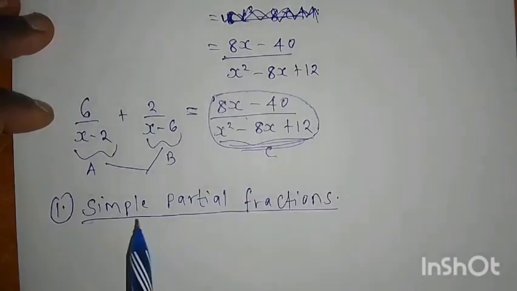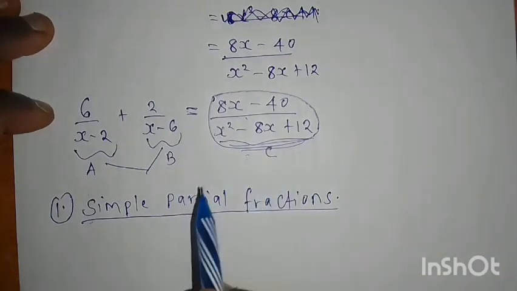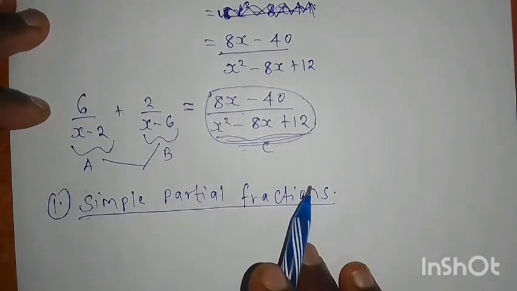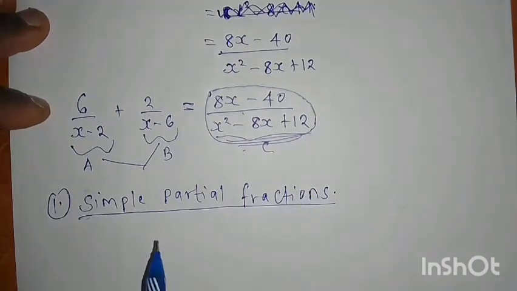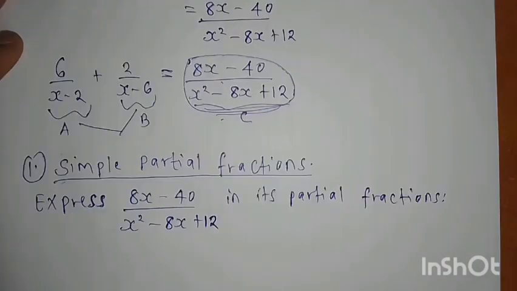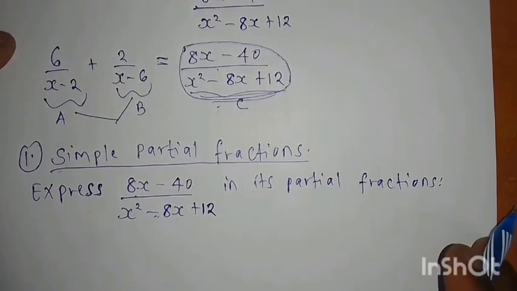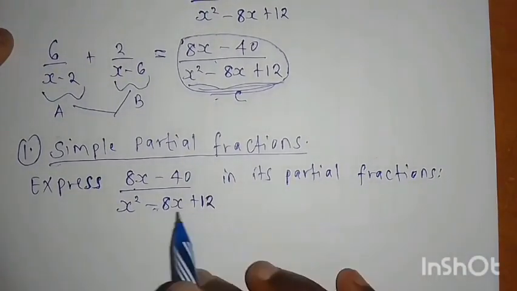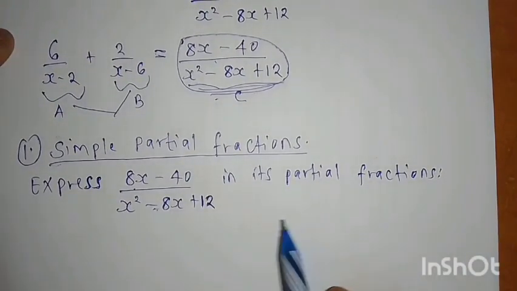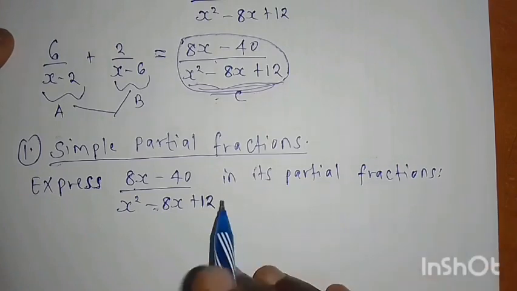So in handling simple partial fractions, I want us to use this same example so that you can learn the process. So for example, if you are asked to express 8x minus 40 over x squared minus 8x plus 12 in its partial fractions. Before you split this expression into its partial fractions, there are some things that you should consider.